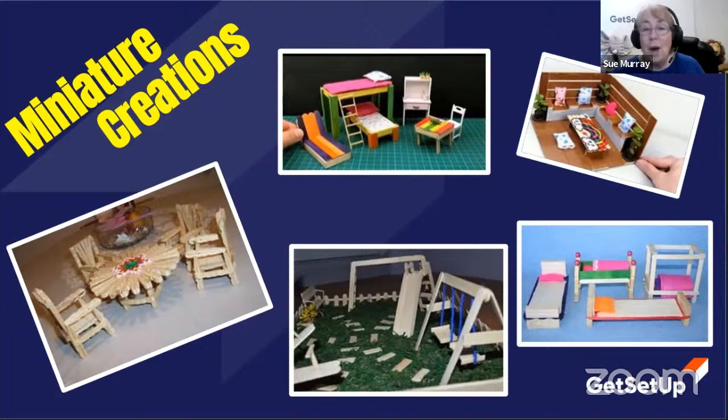Using what you have around, children can create amazing things. They can make swings and slides and seesaws and have such fun. And then they can take their dolls or their LOLs, because LOLs are popular. They can use their LOLs for that as well.